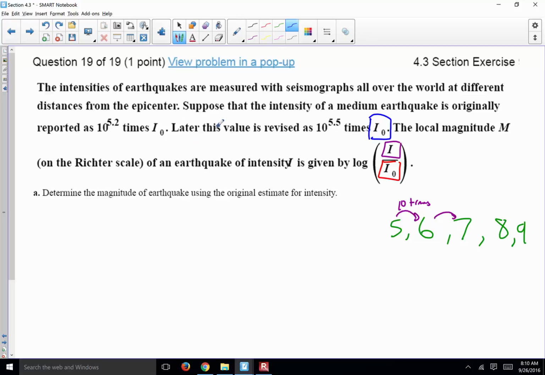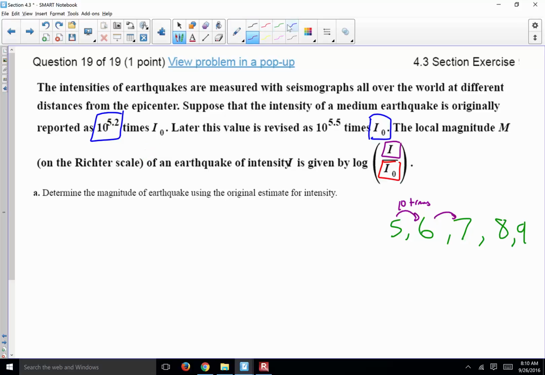So again, somebody took a measurement, an earthquake happened, and they take an initial measurement from your device as 10 raised to the 5.2 times the reference measurement set up by scientists.